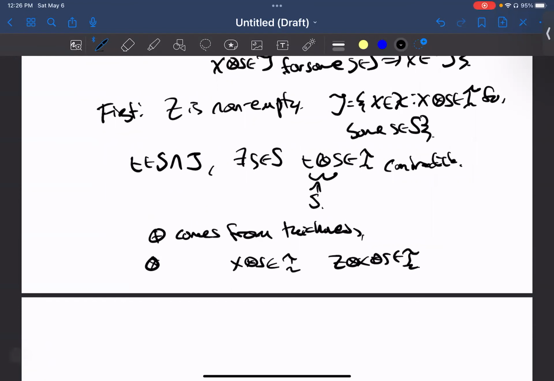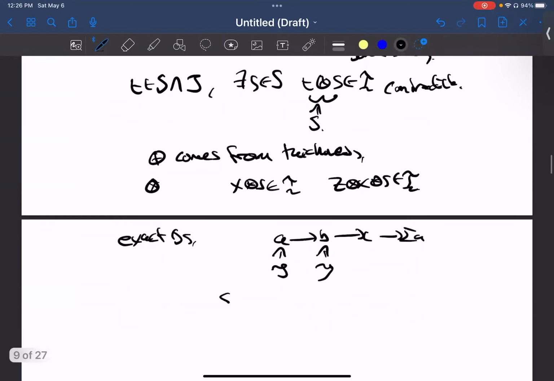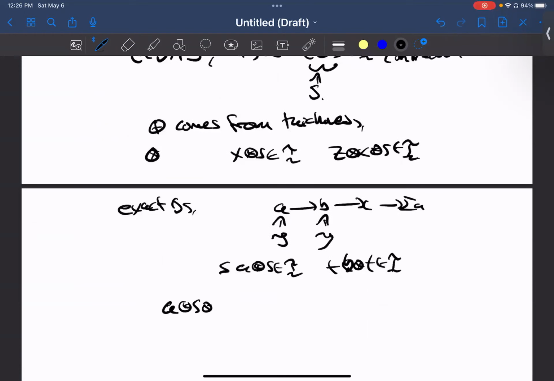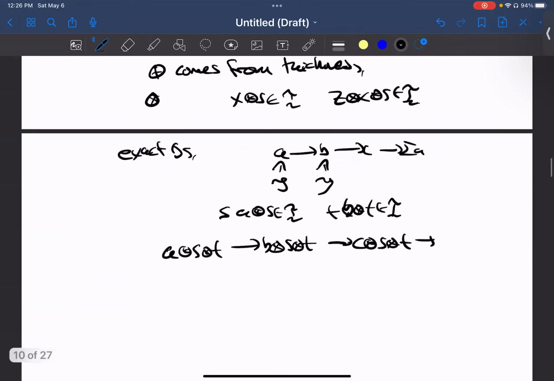And finally, for exact triangles, if we have A to B to C to sigma A, with A and B an element of J, then that means there's some S such that A tensor S is in I, and a T such that B tensor T is in I. And then we can just take A tensor S tensor T to B tensor S tensor T to C tensor S tensor T. Note that these first two are in I, and then so is the third by 2 out of 3.